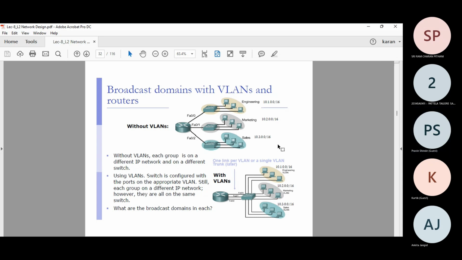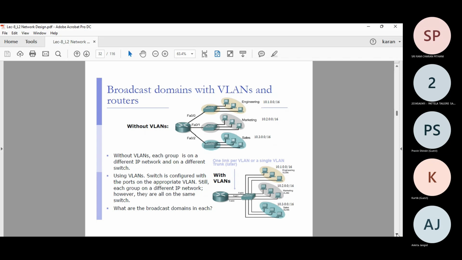Here we are using three different switches, and here only one switch, distributing via VLANs. So that is the benefit.